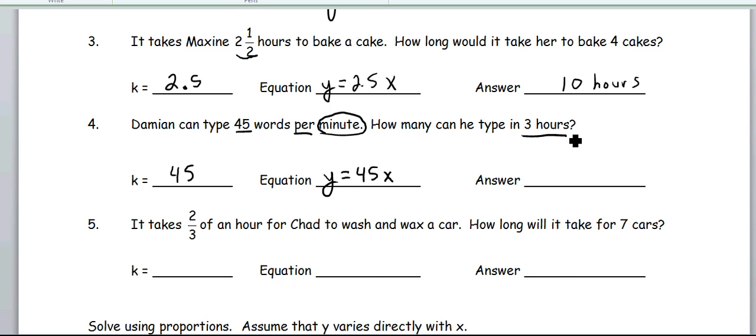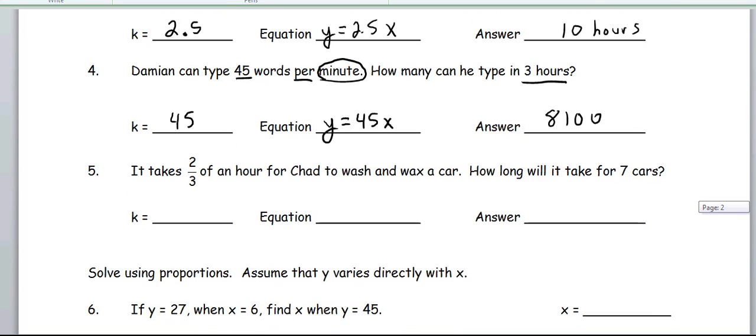Well, notice we have minutes over here and hours here. So what we have to do is figure out how many minutes are in 3 hours first. It's 60 minutes in an hour, so that's 180 total minutes, and we're going to multiply that by 45 words. And we get 8,100.